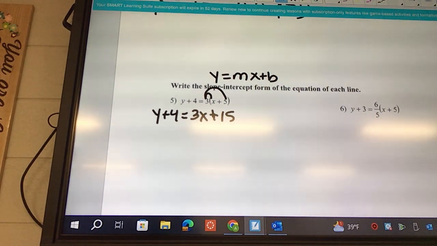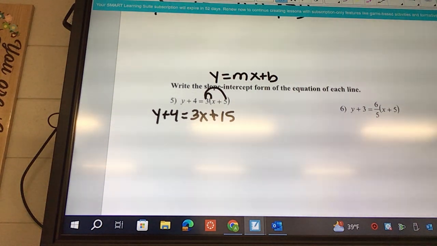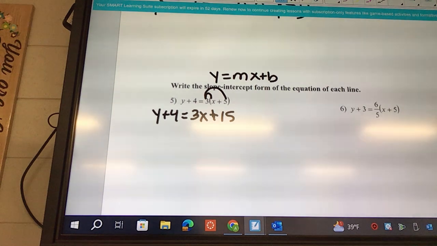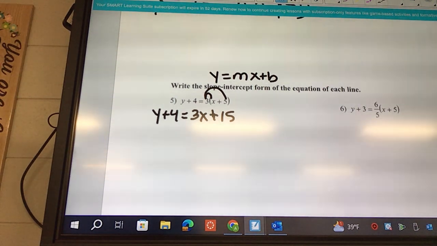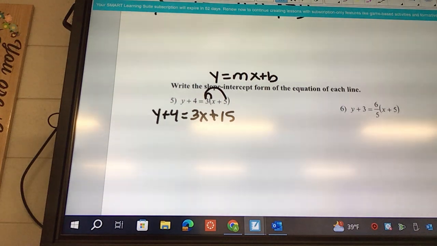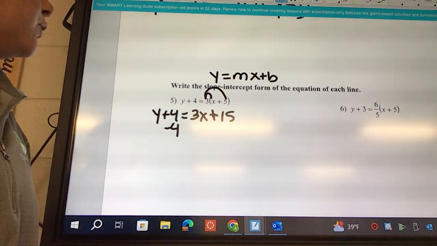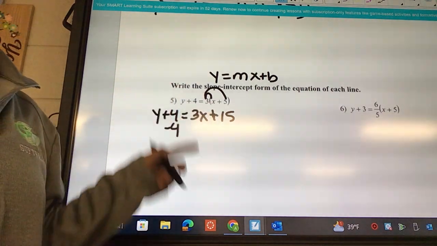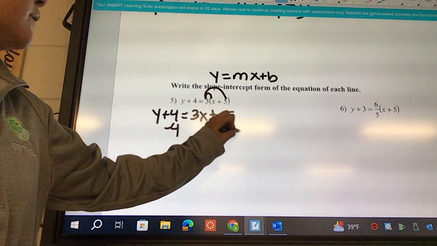We're trying to get y by itself. Look at it. How do you get y by itself? -4. Does that go under the 3 or the 15? Under the 15.